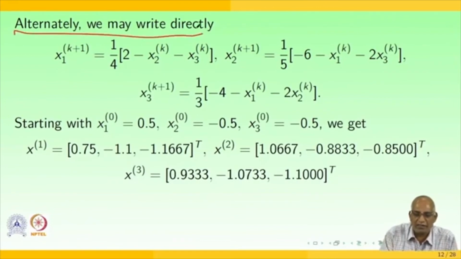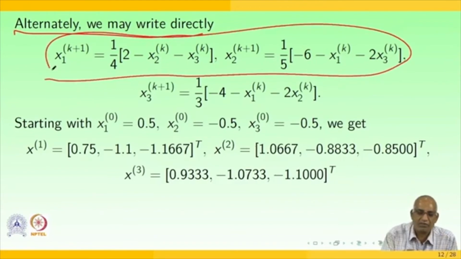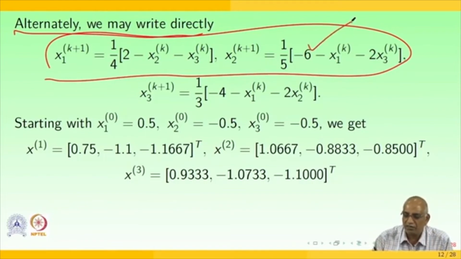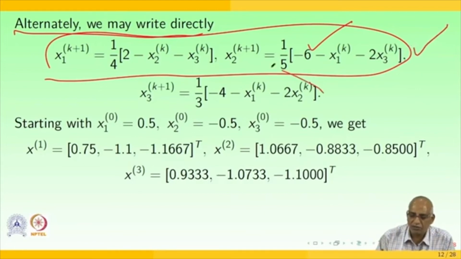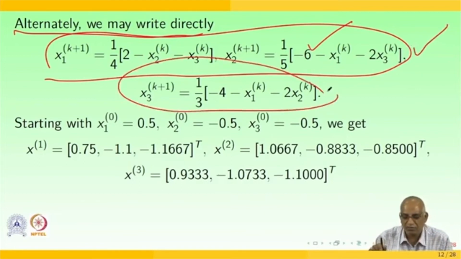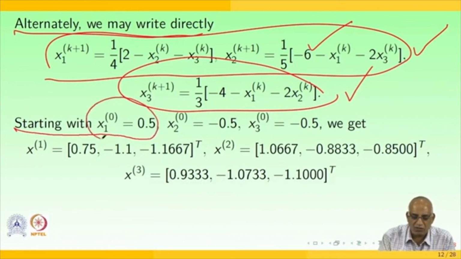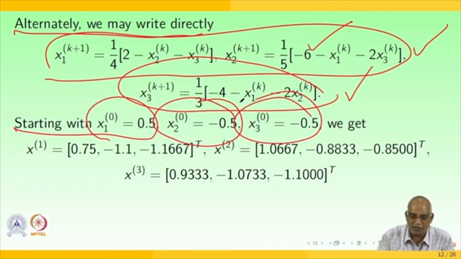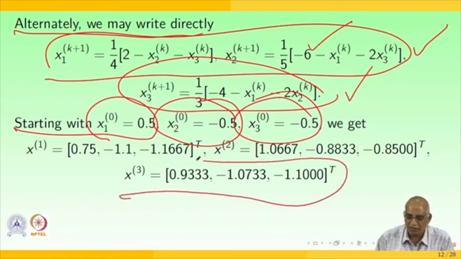Alternatively, we can write it as x of k plus 1 will be like this. 1 by 5 times of the constant you push to the right side, and x1 of k minus 2 x3 of k. So x3 you get as 1 over 3 times of the rest of the elements. So starting with x1 is equal to 0, x2 is equal to minus 0.5, x3 is equal to minus 0.5, you get a vector like this.